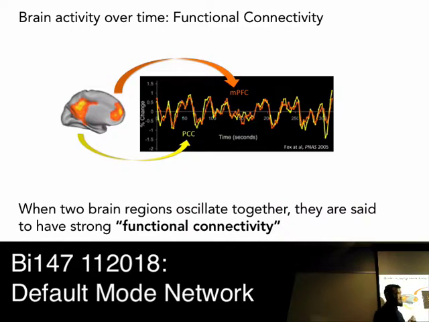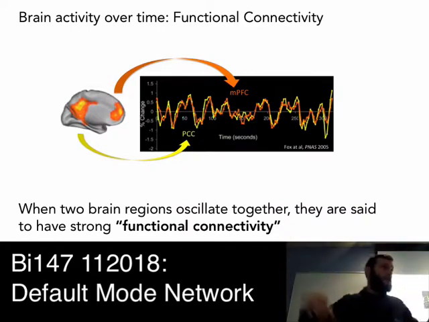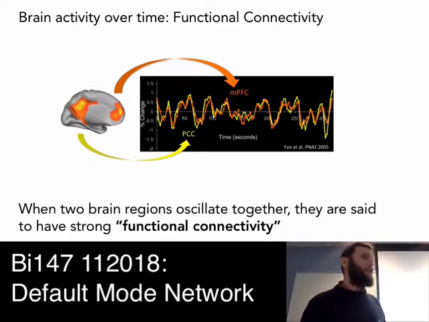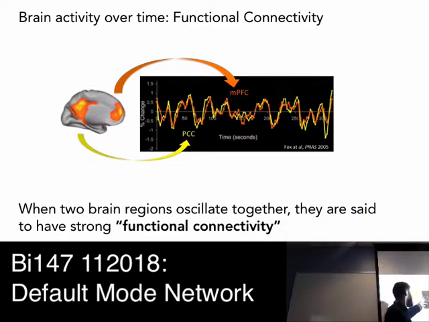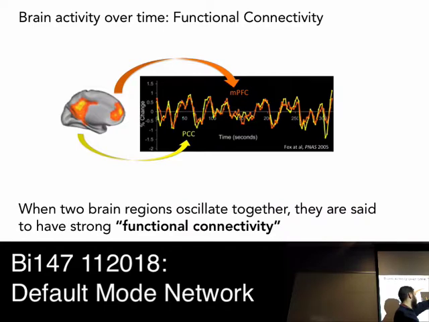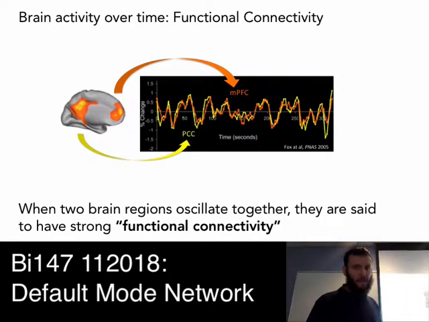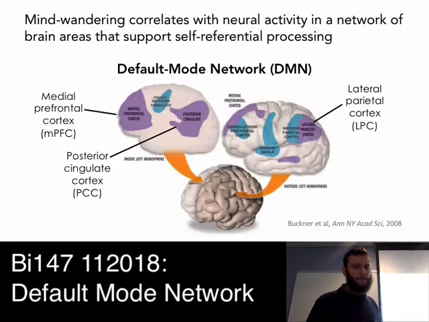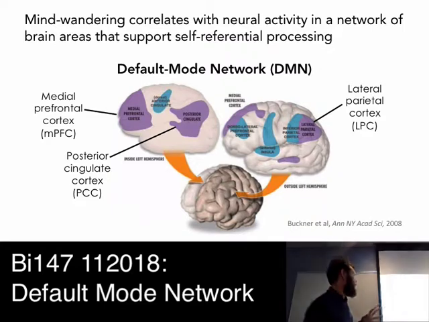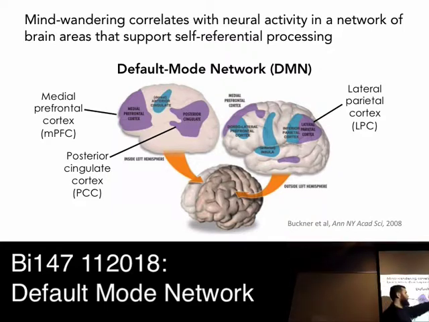So these two disparate, geographically distant regions of the brain are working together. They're doing something together. So whatever is happening when they're high activity here, that thought process involves both of those. And when they're at a low, they're not being used. All right. So this is functional connectivity. And that's going to set the groundwork for us to talk about this default mode network.